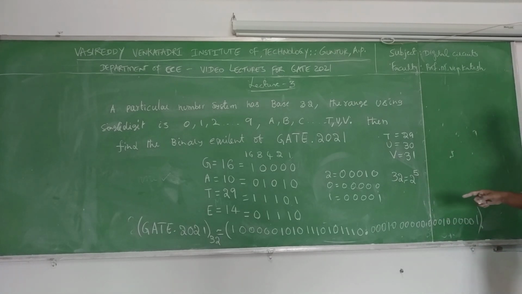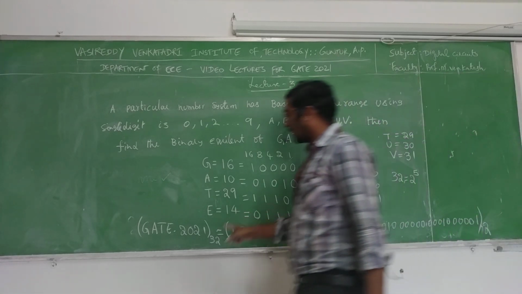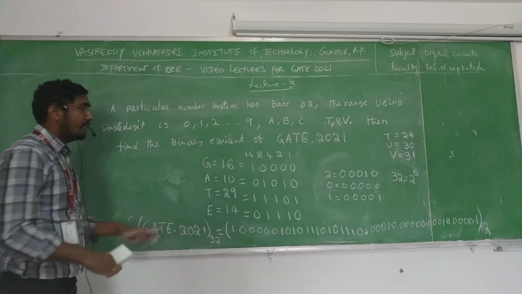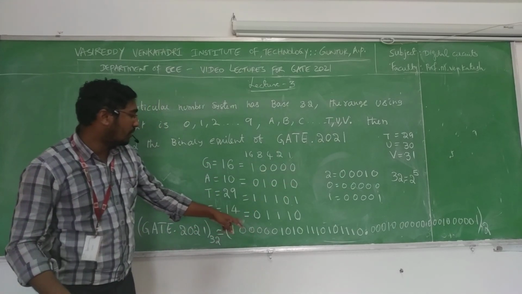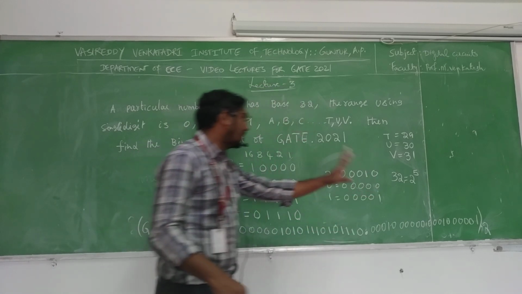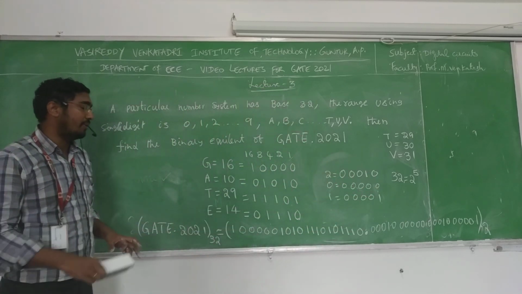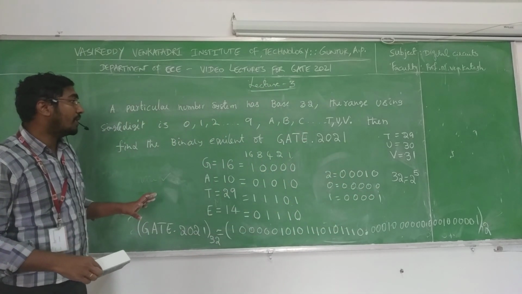Okay, it seems very lengthy, but this is the correct answer for the given. So GATE.2021 in base 32 will be equal to this binary, 1 0 0 0 0 0 1 0 1 0 0 1 1 1 0 1 0 1 1 1 0. So this is the binary.